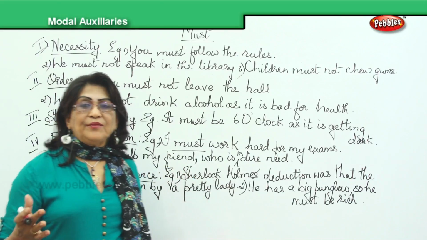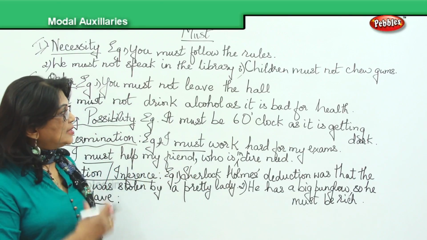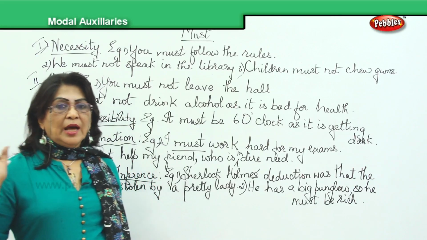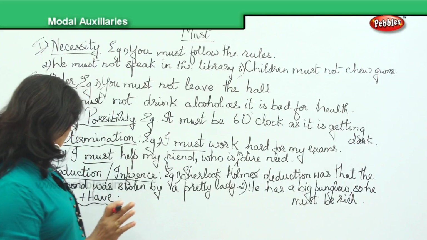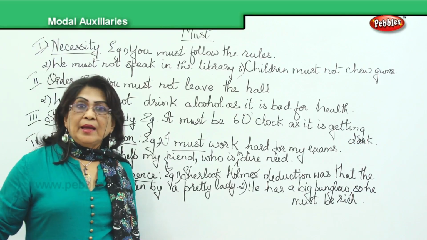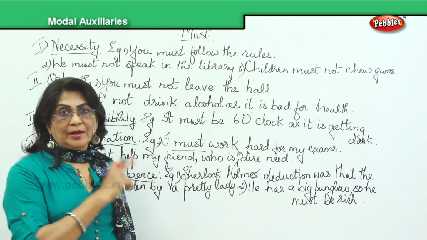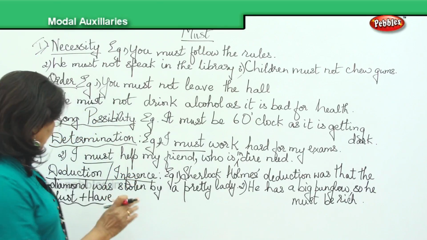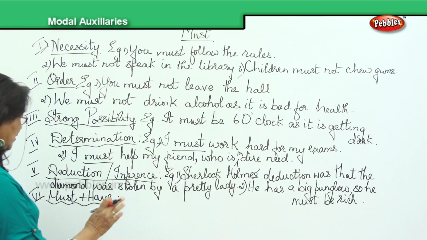I told you already for should, how must plus should I use. I told him that he should have done that. That is what I taught you in the previous rule, isn't it? That is for should. Here, must plus have.